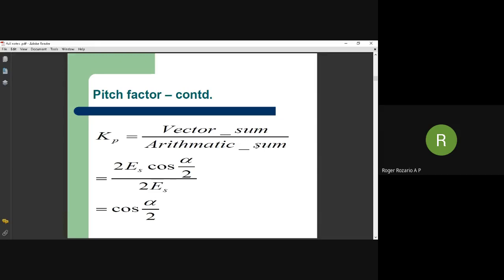So this is nothing but your pitch factor, where alpha is called the angle of short pitch or short pitched angle. It is also called short pitched angles. So clear? Now we have derived an expression for Kp, and we are going to introduce this Kp in the EMF equation.